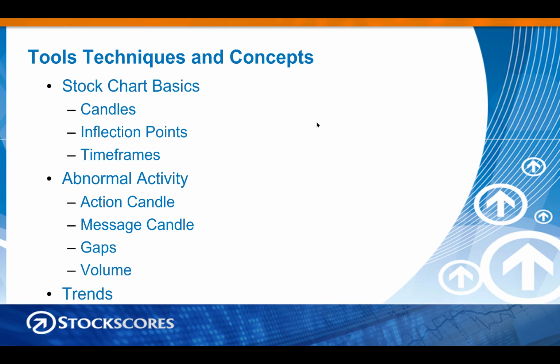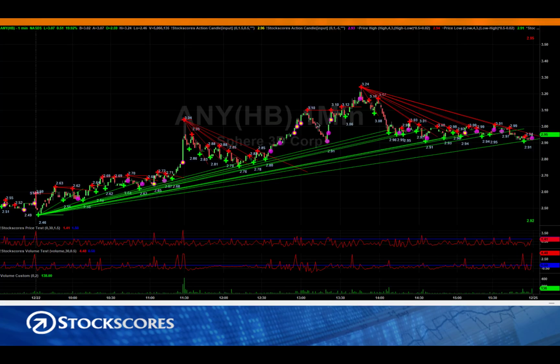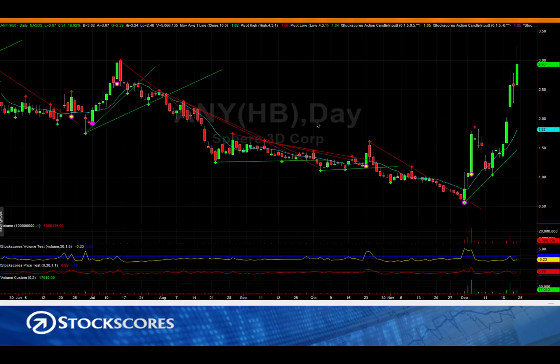All right, let's talk about gaps and volume itself. So let's go to the daily chart now. So a price gap occurs when the opening price one day is higher than the closing price the previous day.